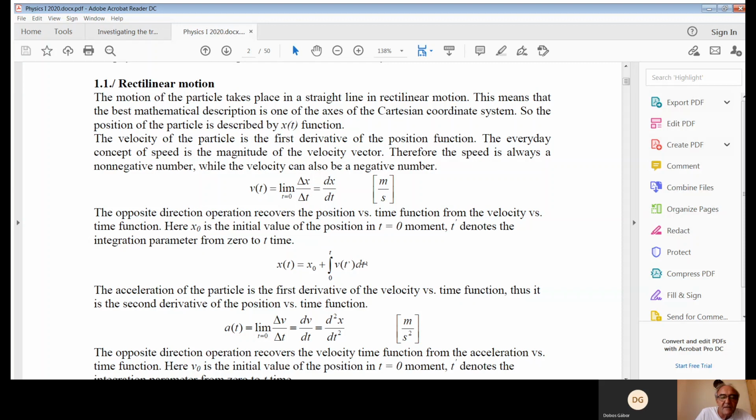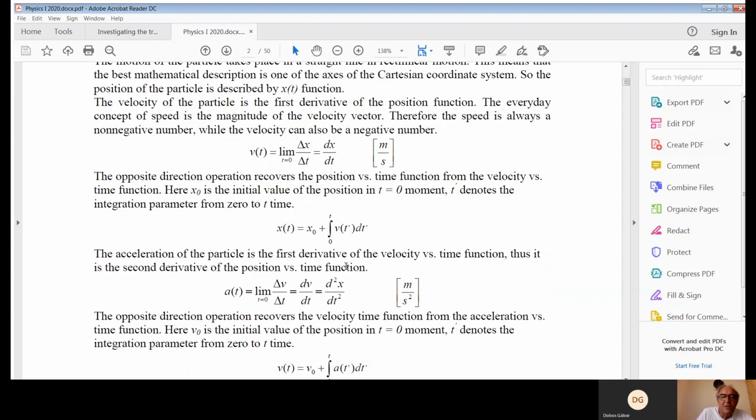And in here, the prime means that this t prime and that t are not the same, because t prime, dt prime is the integration variable, and now the t is the limit value of the integration, and that will give us back the original x(t) value. So this is a back and forth operation, the differentiation and the integration.